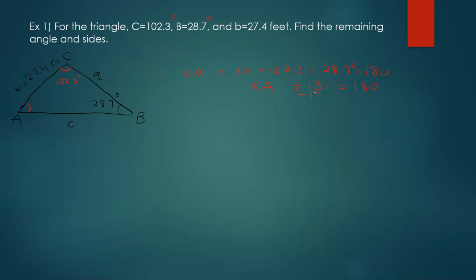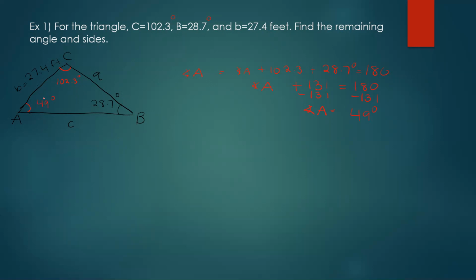Then subtract 131: 180 minus 131 is 49 degrees. So angle A is 49 degrees.